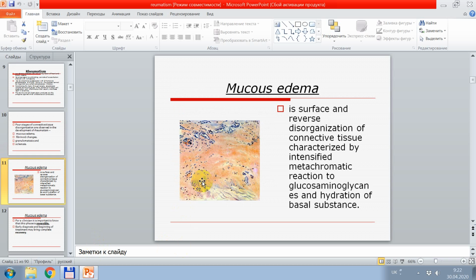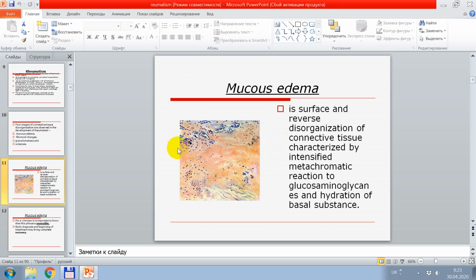In this histological picture, you can see signs of the first stage, or first change in connective tissue in rheumatism, the formation of mucous edema. This is superficial and reversible disorganization of connective tissue characterized by intensive metachromatic reaction to glycosaminoglycans and hydration of basal substance.